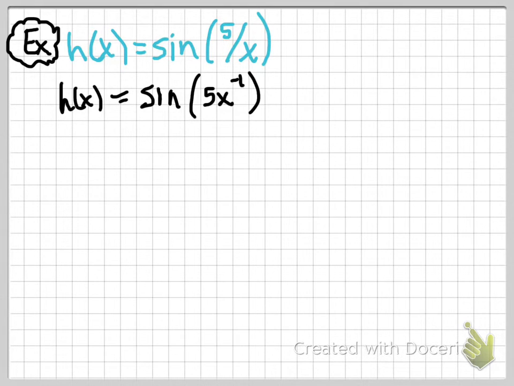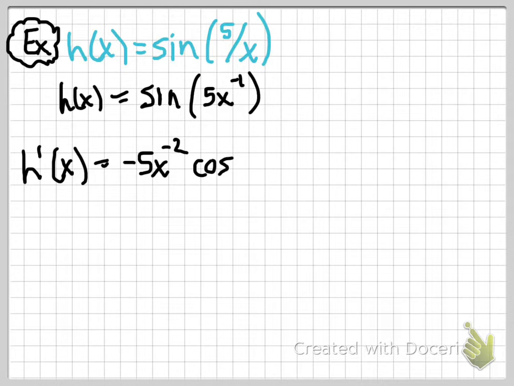So h prime of x equals the derivative of the inside. For the derivative of the inside, I'm going to power roll. It would be negative 5x to the negative 2 power, times the derivative of the outside, so sine derives to cosine, keeping the inside, 5x to the negative 1 power. And then that's pretty much my answer.